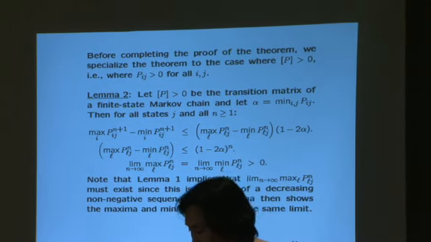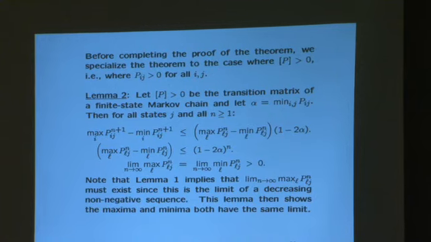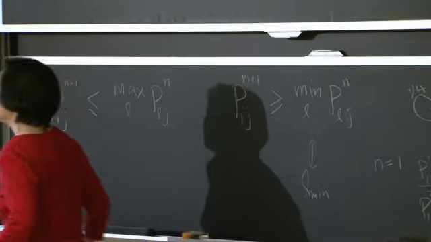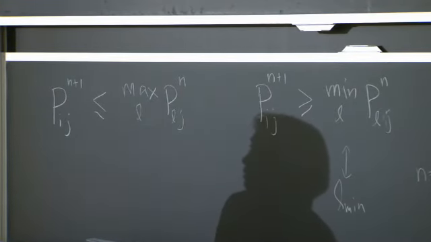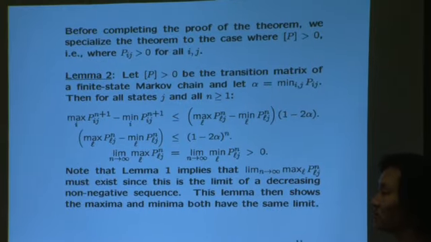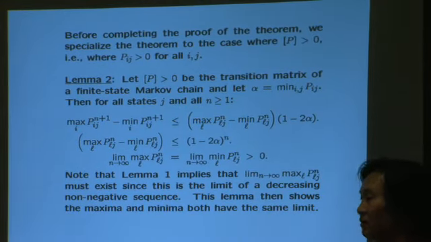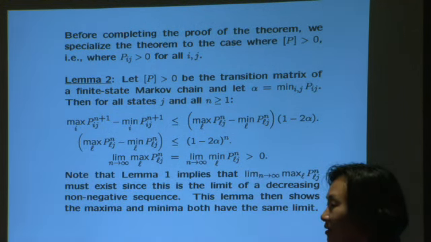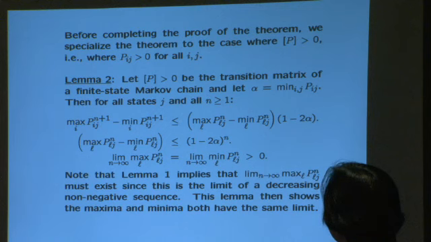Is the strength of that bound proportional to the size of the matrix? I mean, for a very large finite-state Markov chain, the strength of the bound is going to be somewhat weak because alpha is going to be less. It has to be less than 1/2. Right? But it's not a very tight bound on max minus min.